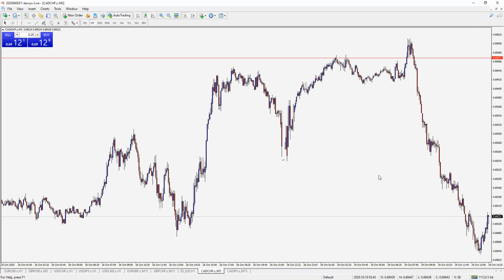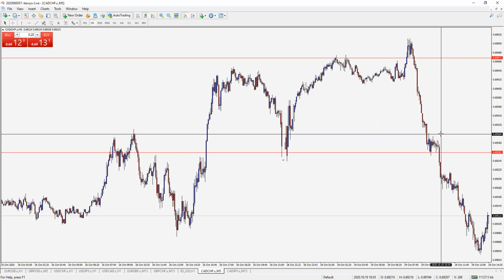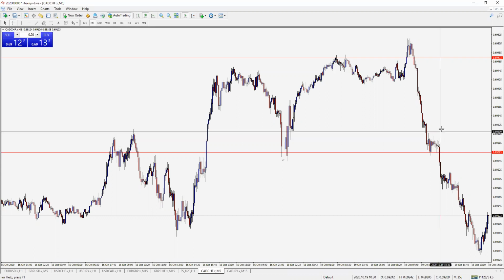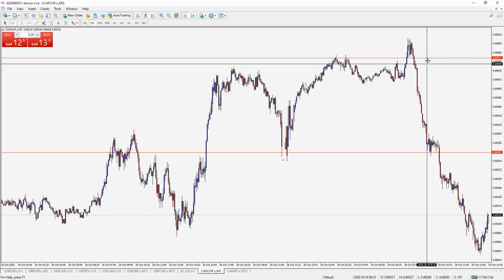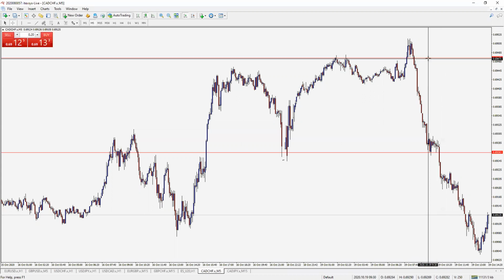But first, this supply is a great one. This one in the middle is also a good supply to sell. I would sell this supply also maybe on the first touch, but I will be more careful. I will roll my stop loss on the first opportunity. I will sell this, and at the same time, I will consider the situation that the price might keep moving up to check the source of this movement, which is here above.